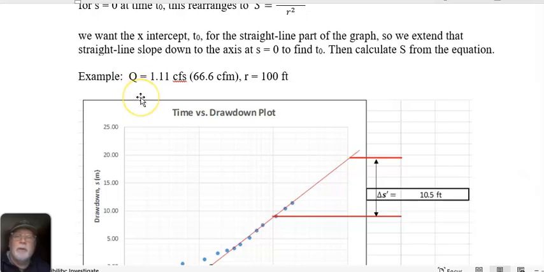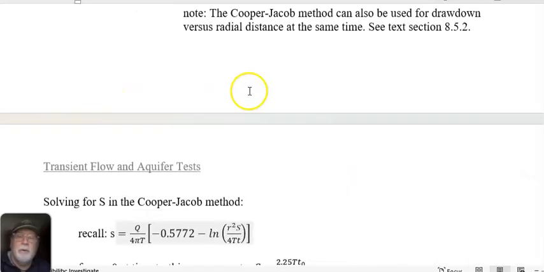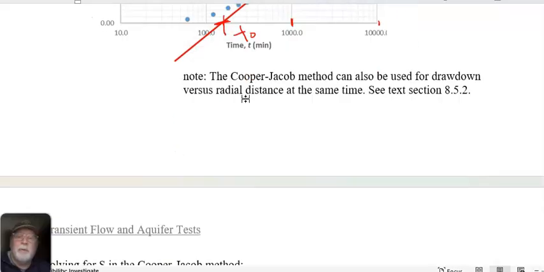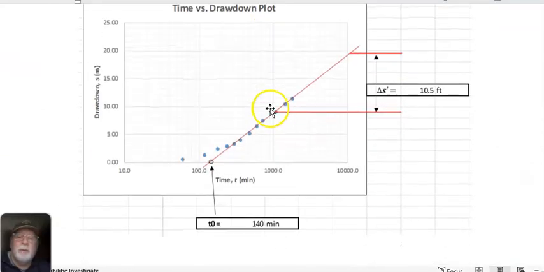So we want for t0 the intercept where that straight line hits it. So we don't want the drawdown at time 0. We want the extension of that line.